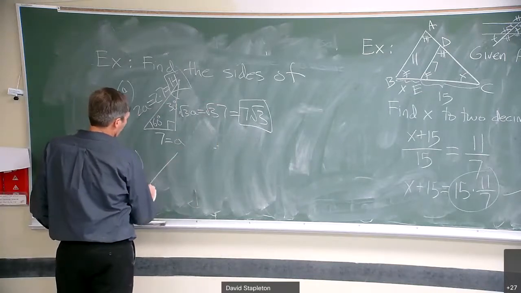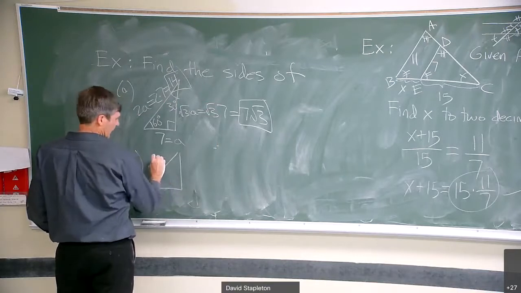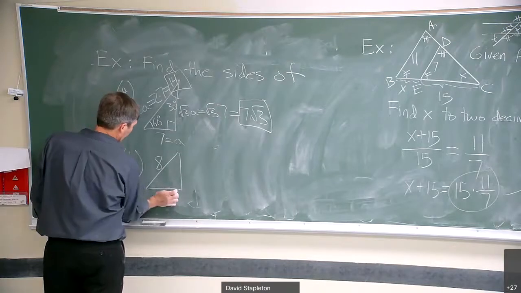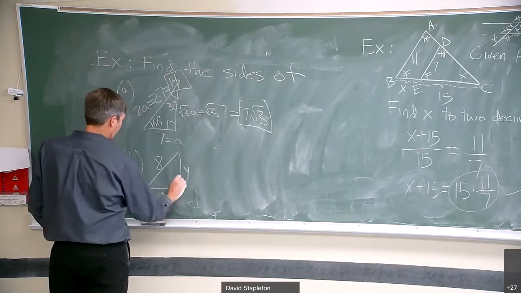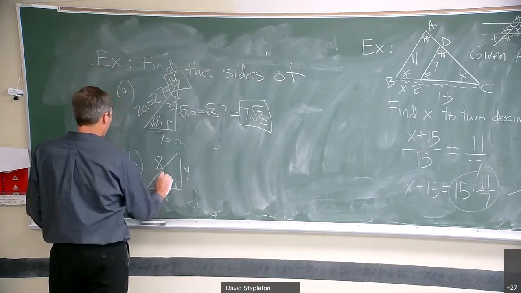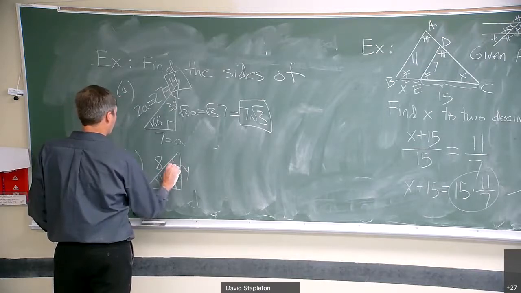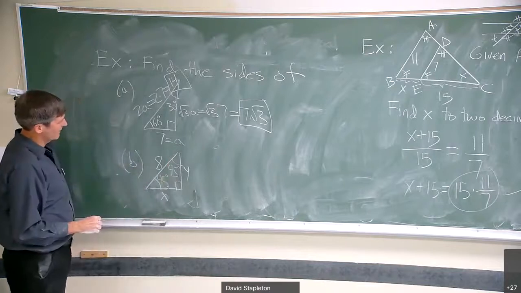Suppose I gave you this one. 8. And I want to know these other sides, x and y, in a 45, 45, 90 triangle. What are the other two sides if this side is 8?